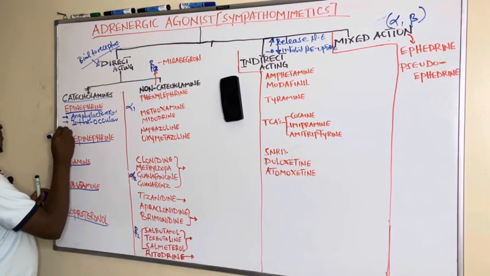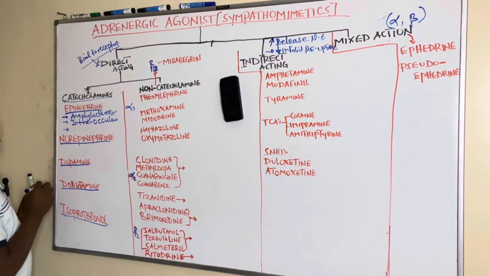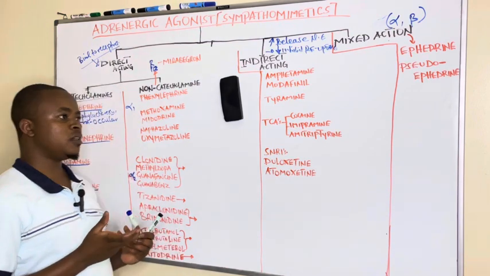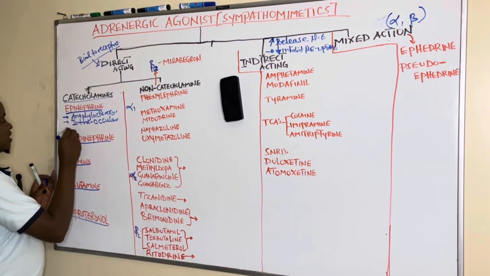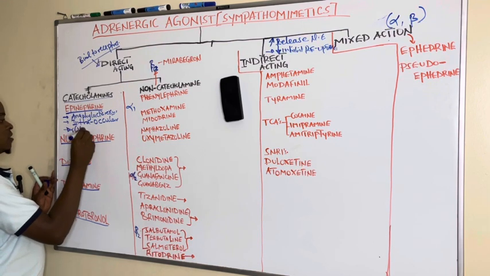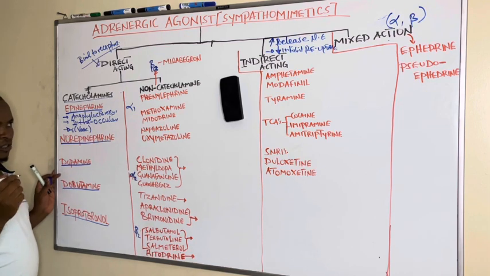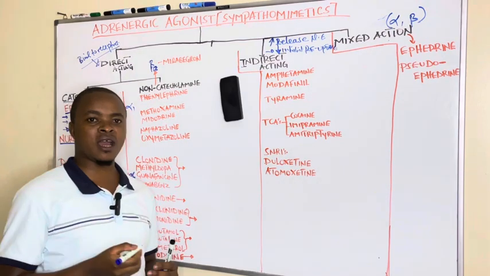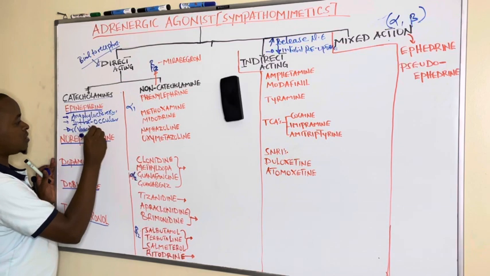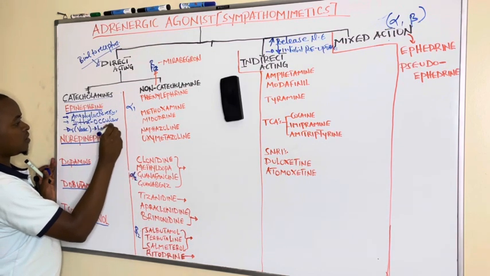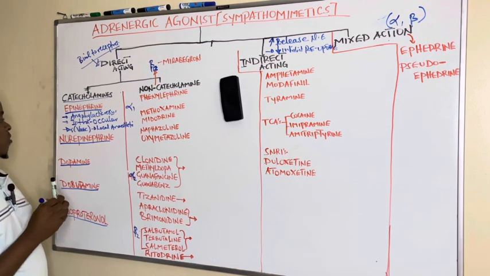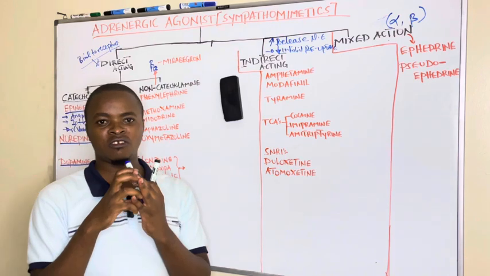And then lastly, this one is majorly applied with local anesthetics, for example lignocaine or lidocaine, because it targets alpha 1 receptors, which causes vasoconstriction of the vessels at the surgical area, especially in dentistry and anesthesia. When it is applied as an adjuvant in local anesthetics, its major role is to cause vasoconstriction of blood vessels.